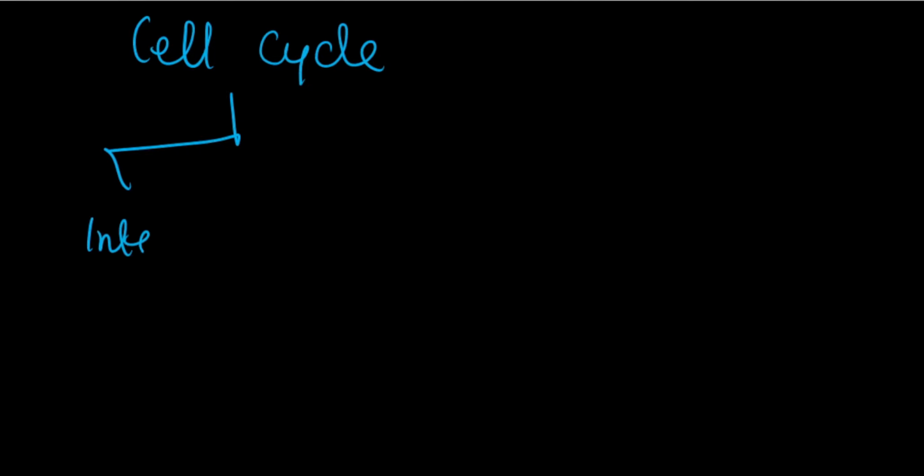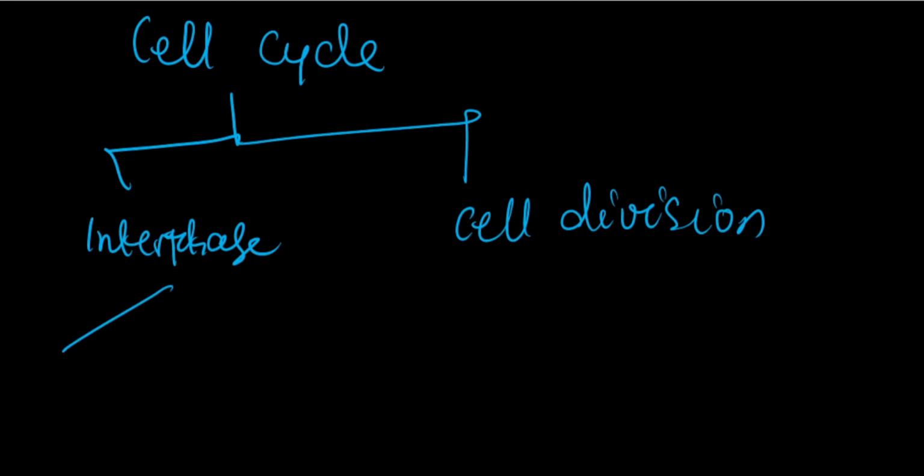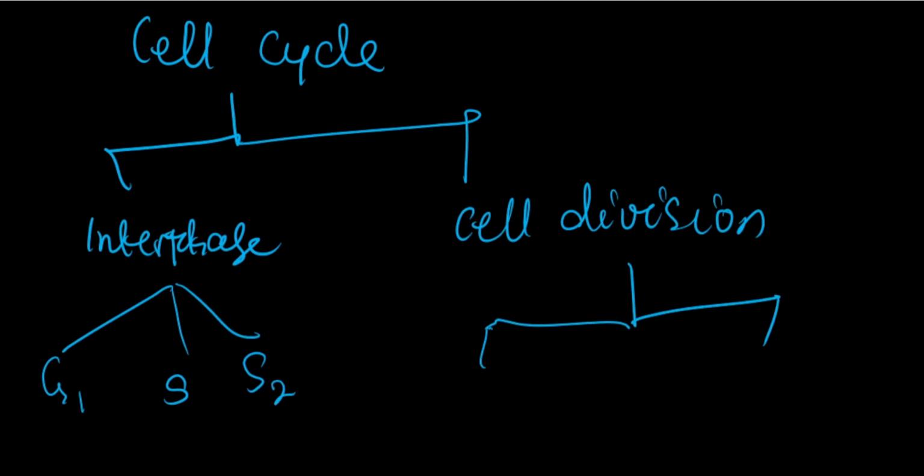Here we have the cell cycle, which is divided into the interphase as well as the cell division. Then we have the interphase divided into gap 1, synthesis, and gap 2. Now the cell division period of the cell cycle is associated with mitosis. Okay, so it's further divided into mitosis and cytokinesis.